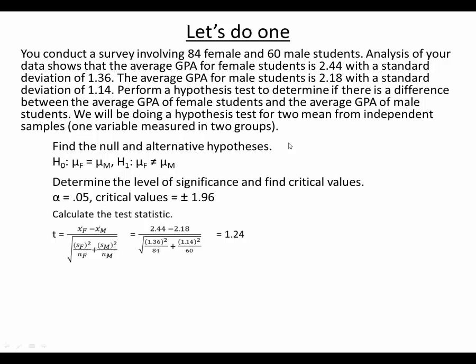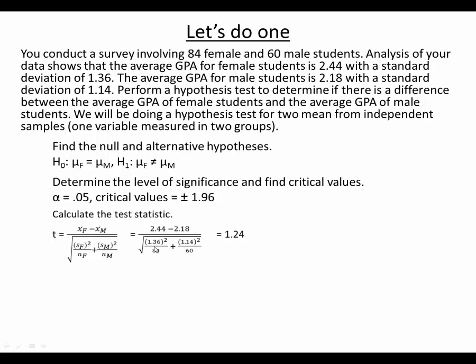Plugging in the information from the problem, here we have the mean of the females, the mean of the males, and it doesn't matter which way you do it. You could subtract the male mean, or you could take the male mean minus the female mean. The only thing that changes is going to be the sign of the test statistic. Everything else will remain the same.